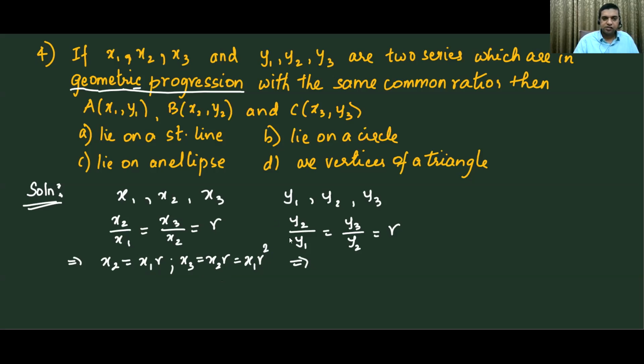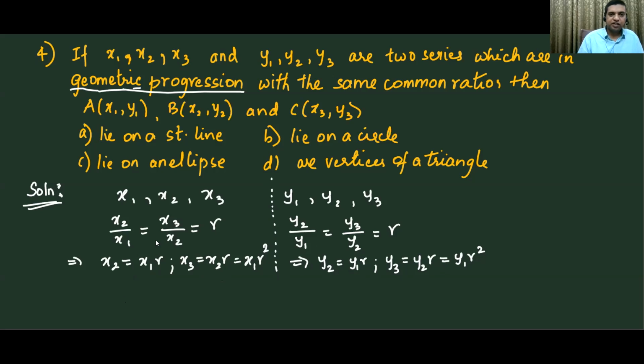Similarly, y2 will be y1 times R. y3 is y2 times R, substitute y2 as y1R, so you will get y1 times R square.